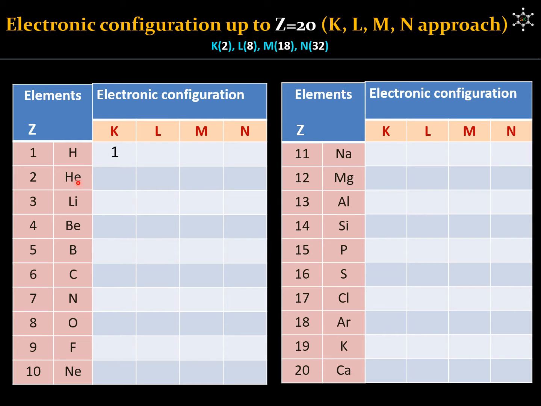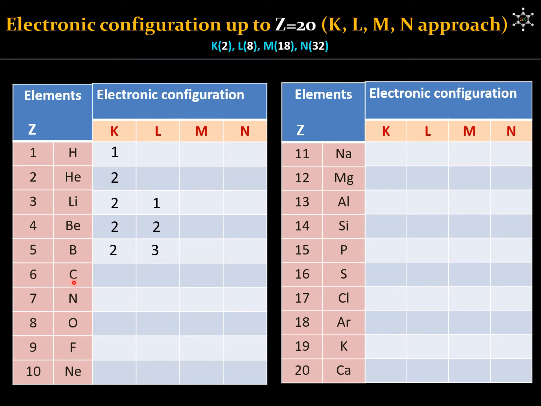Helium has 2 electrons. K can accommodate at the max 2 electrons, so both the electrons of helium go to the K shell. Lithium has 3 electrons, out of which 2 will go to K and the remaining 1 will go to L. Beryllium has 4 electrons, 2 go to K, the remaining 2 go to L. Boron has 5 electrons, 2 in K, 3 in L. We can accommodate at the max 8 electrons in the L shell.